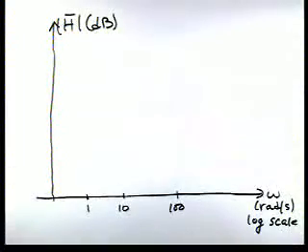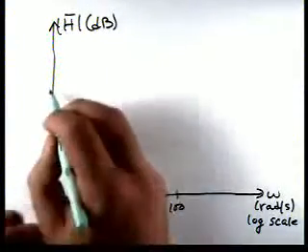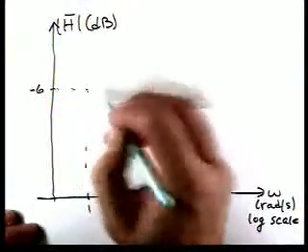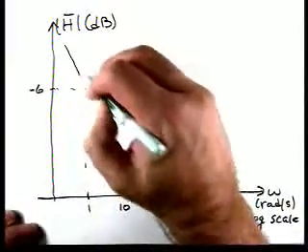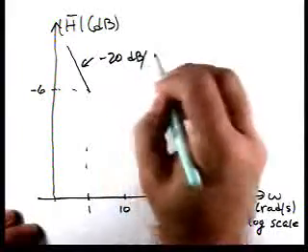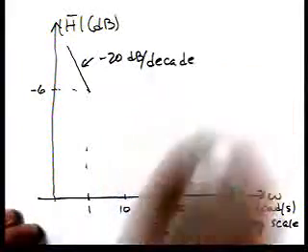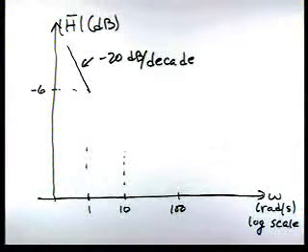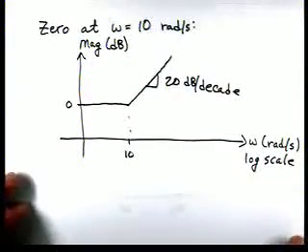So if we look at minus 6, our curve should pass through there at minus 20 dB per decade. And as it continues on at minus 20 dB per decade, our zero at ω = 10 turns it up at 20 dB per decade for ω greater than 10.